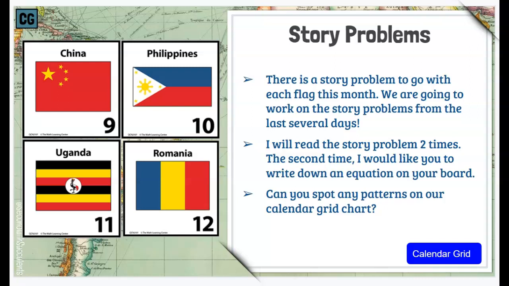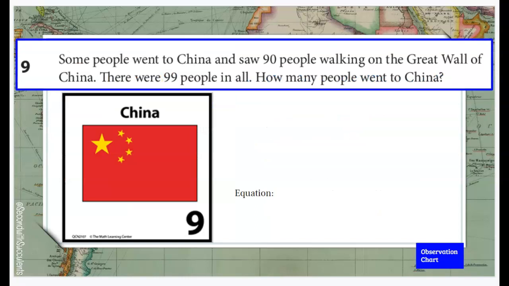I will read the story problems 2 times. The second time, I would like you to write down an equation on your whiteboard. And then we'll look again at any patterns we might notice at the end of this lesson. Let's get started right away with our flag from China.